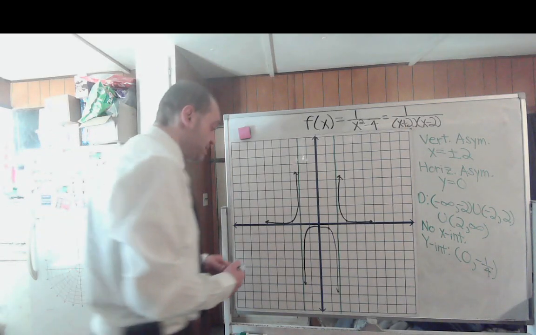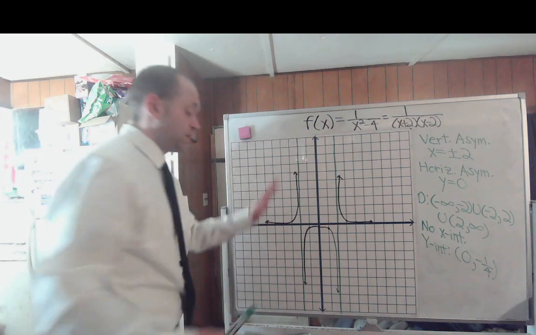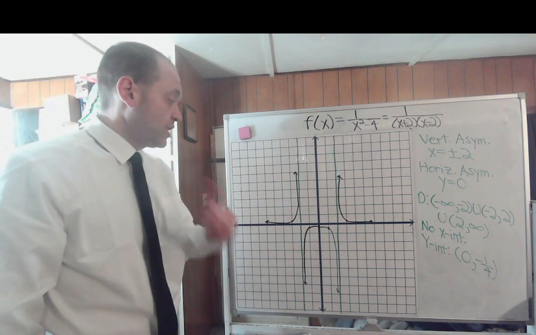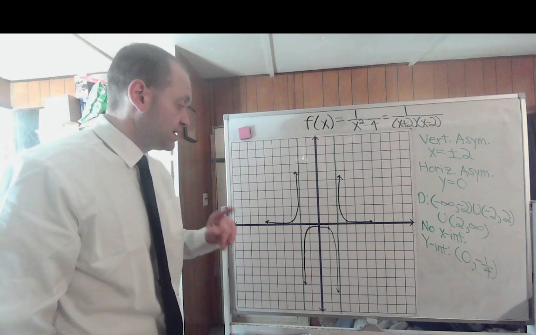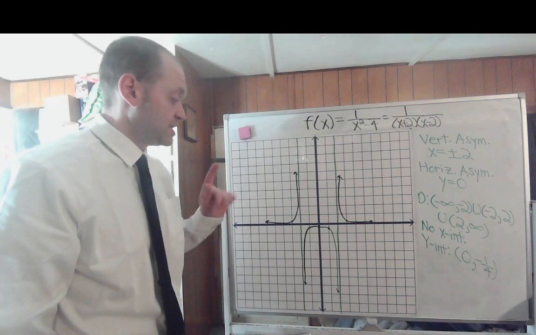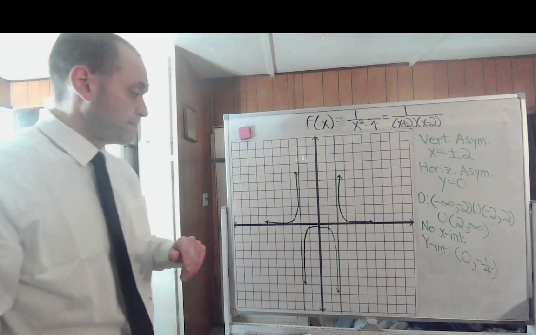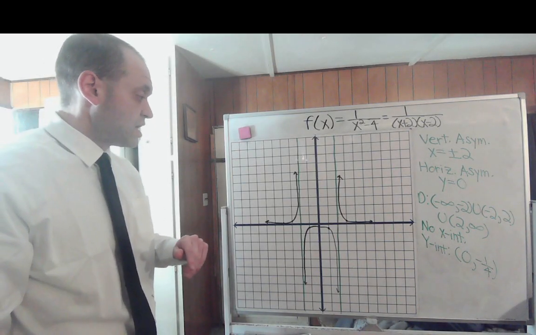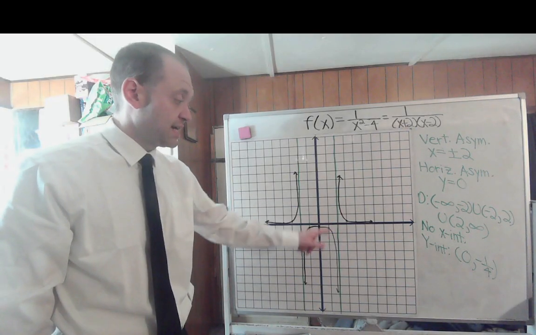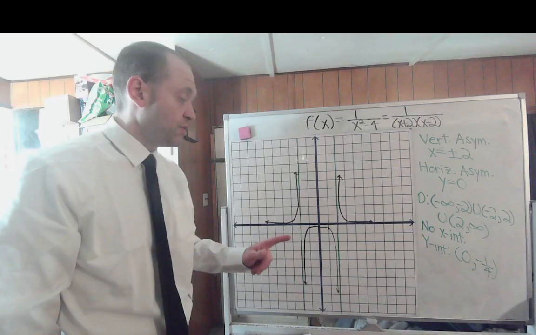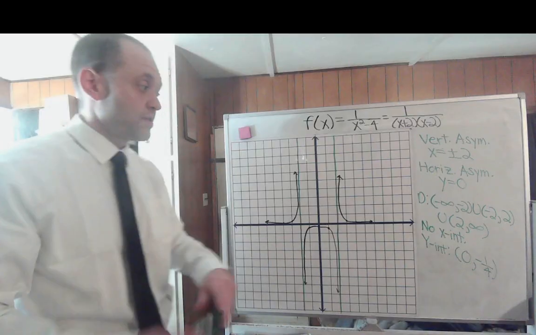Now, what does that mean for your range? Notice, in your range, you can get infinitely closer and closer to 0, but you'll never actually reach it. But below the x-axis, the highest value you actually have is negative 1/4.